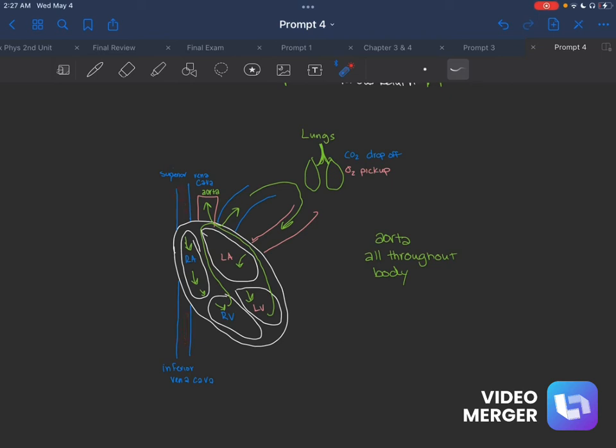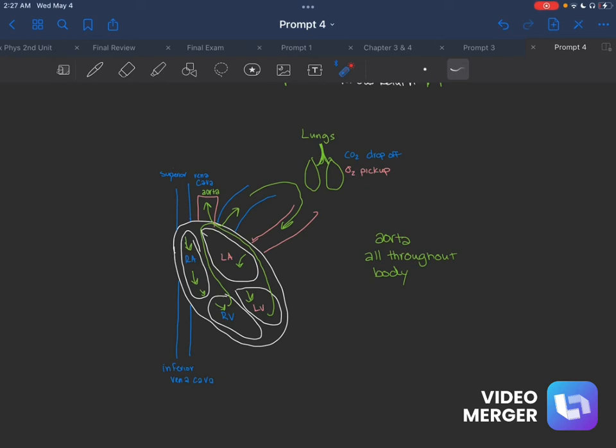It's going to enter through the right atrium and down to the right ventricle. That blood is then going to be pumped through the pulmonary valve. It's sent down to the lungs, where you're going to see a CO2 drop off and oxygen pickup. So those blood cells are going to pick up oxygen and become reoxygenated again, and they're ready to be delivered wherever they need to be.